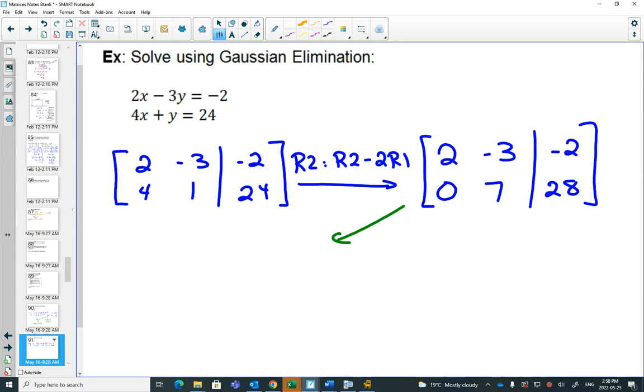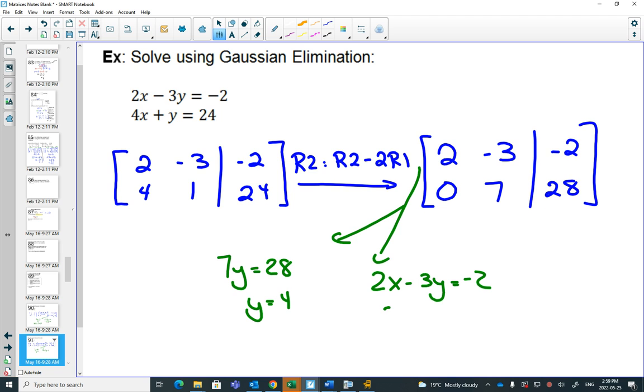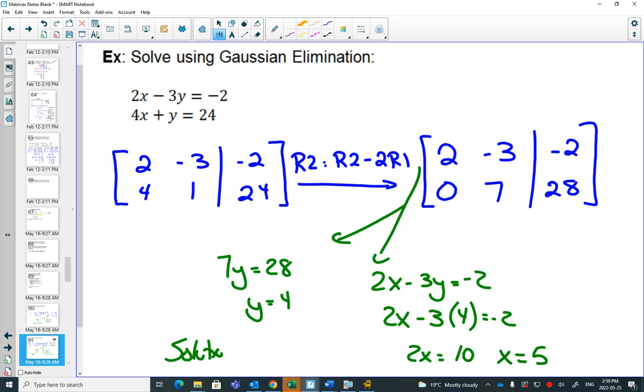So this tells us 7y equals 28, and y is equal to 4. And this one tells us that 2x minus 3y is equal to negative 2. So 2x minus 3 times 4 equals negative 2. 2x equals 10. x equals 5. So our solution is 5, 4.